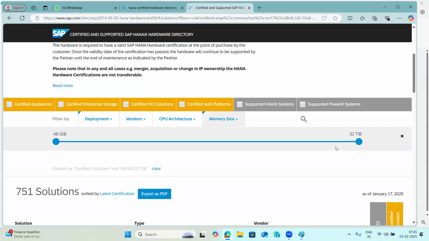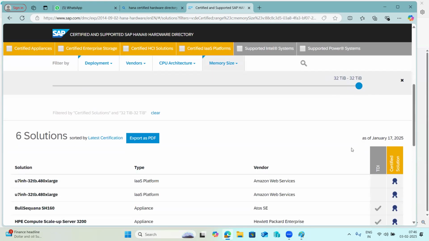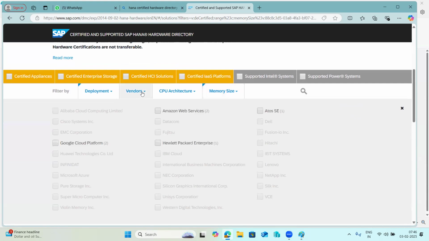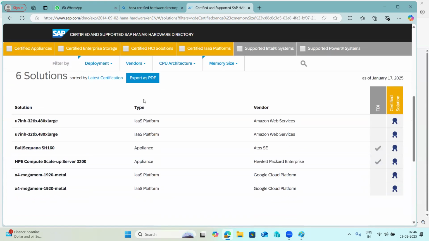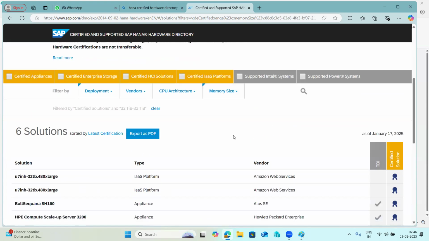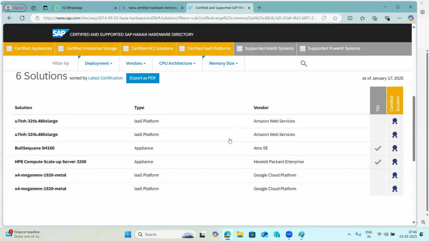You can see the maximum memory, 16 TB. So in-memory can hold up to 32 TB in size. 32 terabytes, yes. Got it. Who will provide this 32 TB? Only cloud providers actually. Atos, AWS, Google. Why?